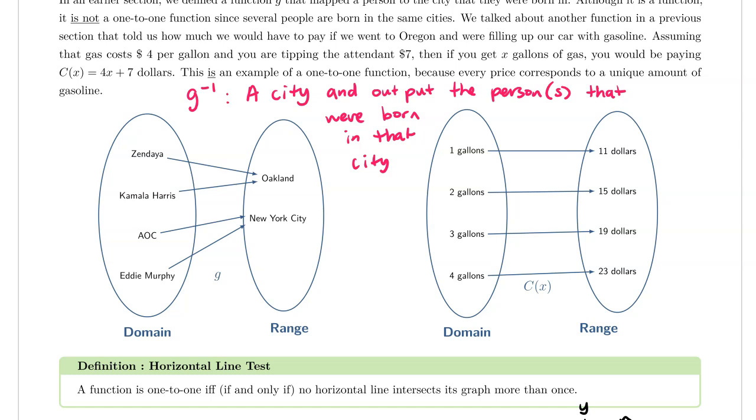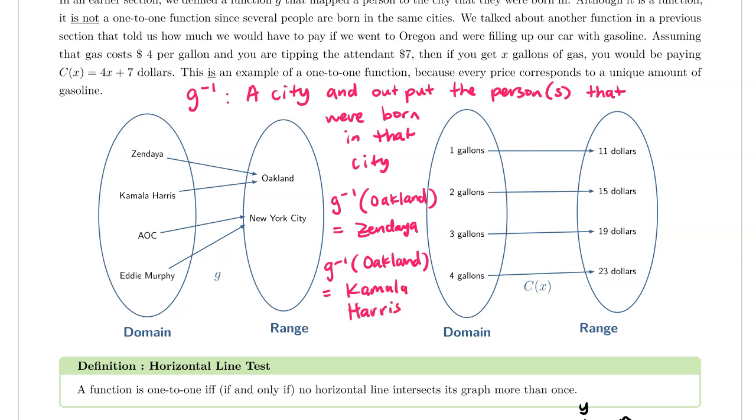So if I were drawing arrows in the reverse, in the inverse function, that would be like saying g inverse of Oakland is equal to Zendaya. G inverse of Oakland would also equal Kamala Harris.